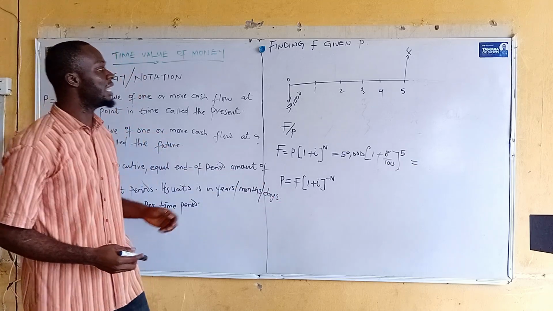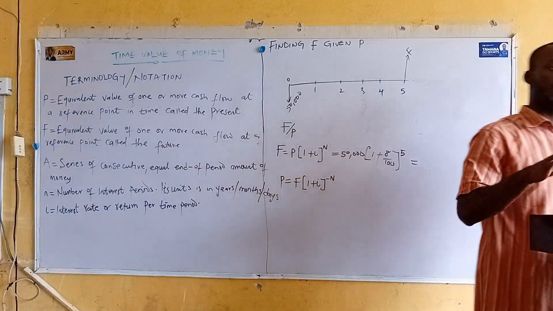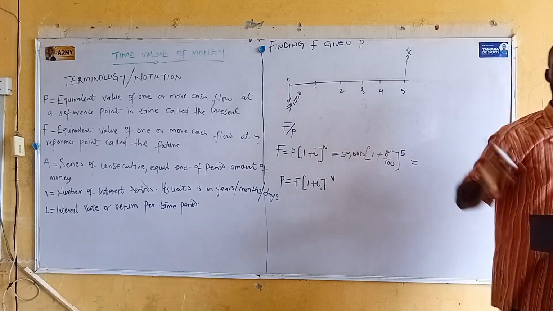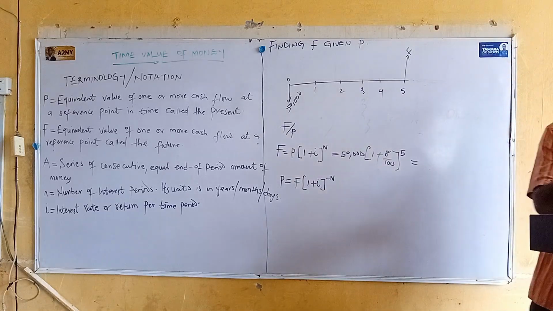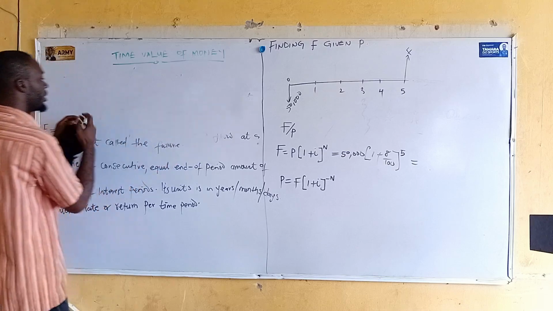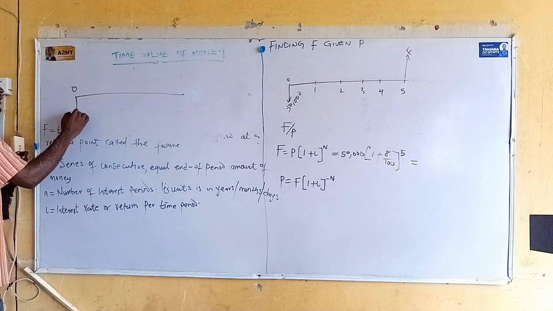For example, now they can ask you how much should I deposit now so that in 10 years time, I'll be able to withdraw 100,000. If you're asked to find here at 0, how much should I deposit now?